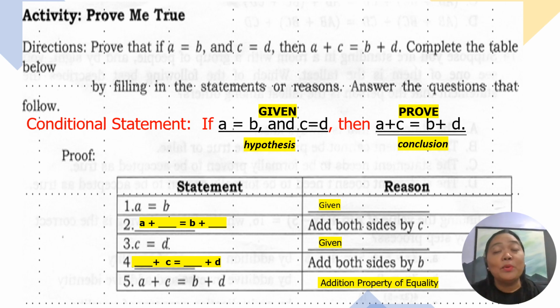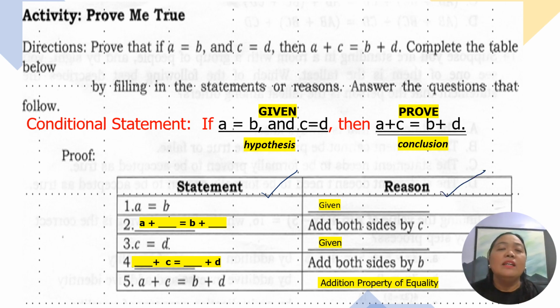That means to say what proof we'll be using. That's right, we will be using direct proof because we need the two-column form. One column for the statement, and another column for the reason.